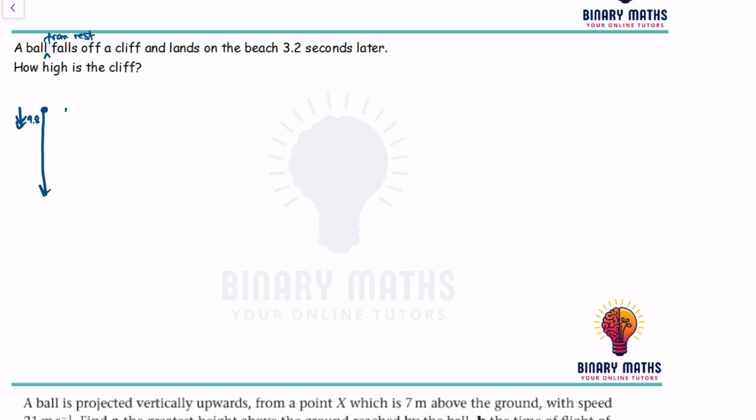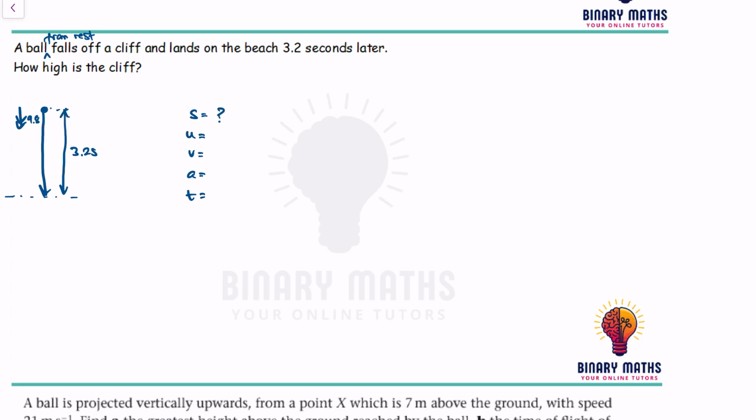And we know that we don't know what this is, but we also know it's 3.2 seconds. It takes 3.2 seconds to travel from there to there. Okay, so we have S, U, V, A, and T. We don't know how high the cliff is, so we're trying to find the displacement.